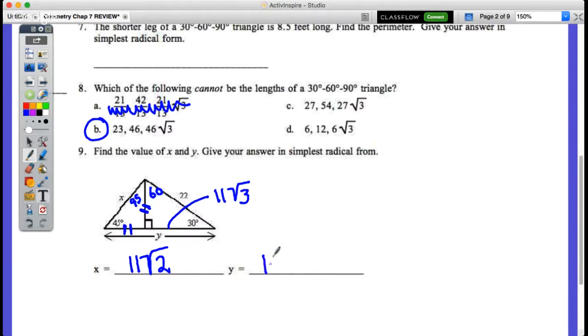It's 11 plus 11 radical 3. Okay? Now, if you wanted to get really fancy, you factor out the 11s and do 11 times, in parentheses, 1 plus square root of 3.